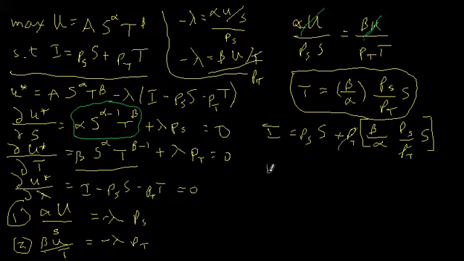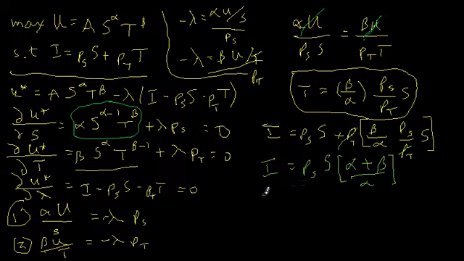So now, keeping the green color, we'll say that I is equal to PS S times alpha plus beta over alpha. And we can rewrite this to solve for S, which will be the amount of S the consumer wants to buy as a function of income, prices, and the taste parameters alpha and beta.